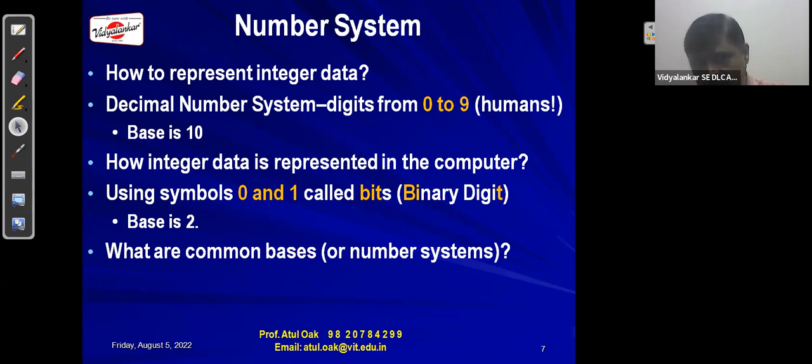The other one is what computers use, that is 2. That is question 1.